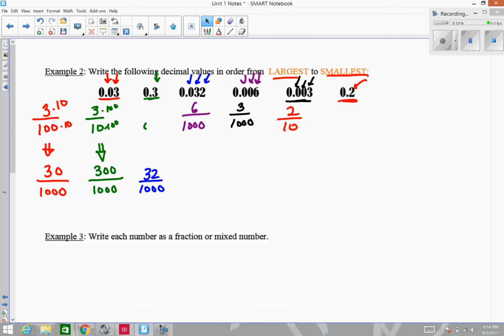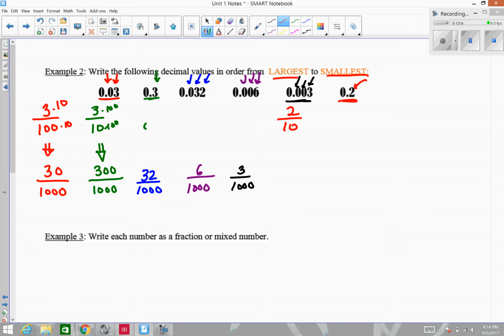Yes, there we go. The 6 thousandths is also already in thousandths, so we can bring that down. 3 thousandths, the same. 2 tenths, not in thousandths, so we're going to need to convert this. And to do that, I'm going to need to multiply the denominator by 100, and so do the same to the numerator. And we get 200 over 1,000.